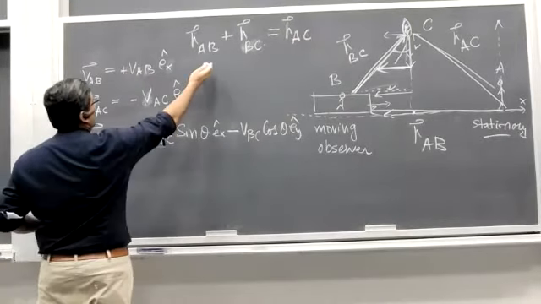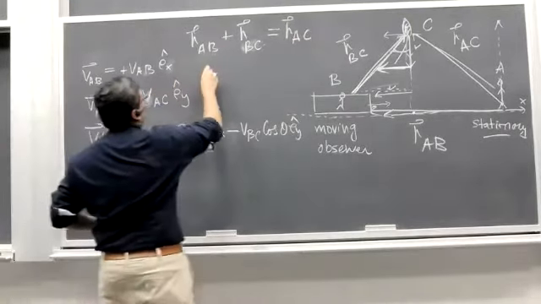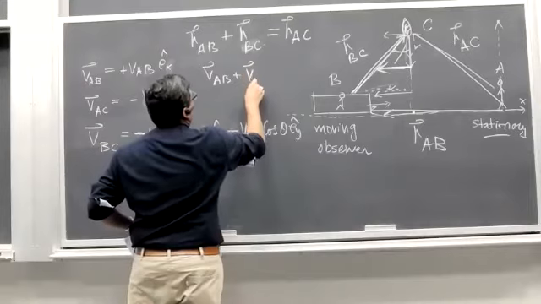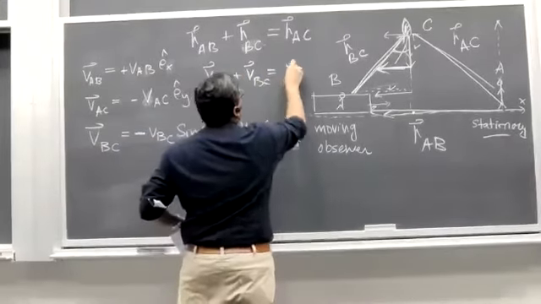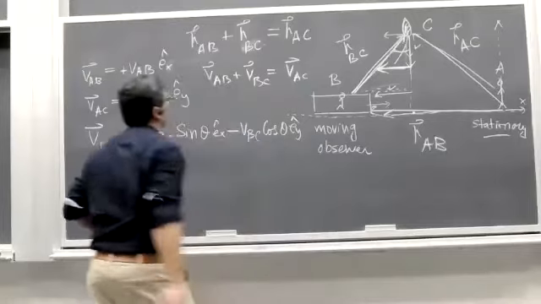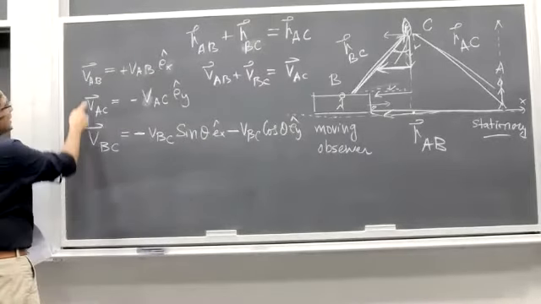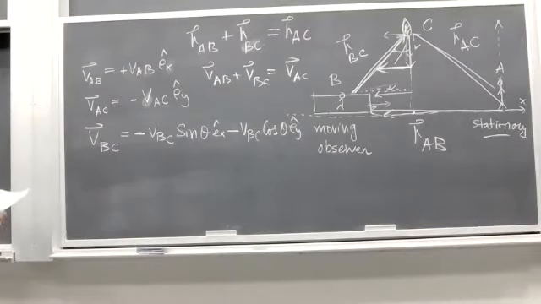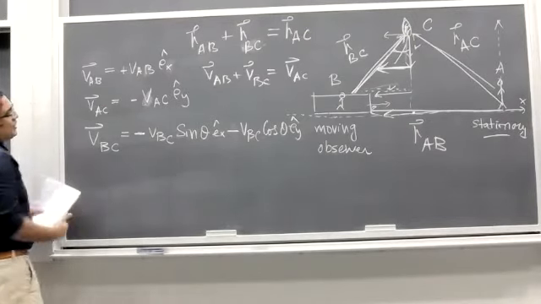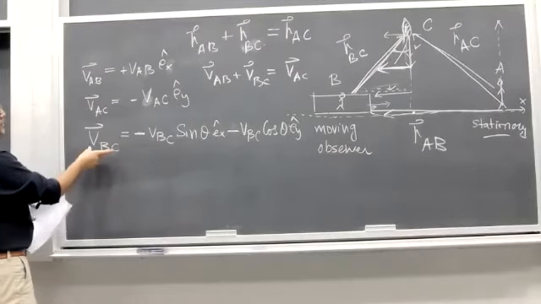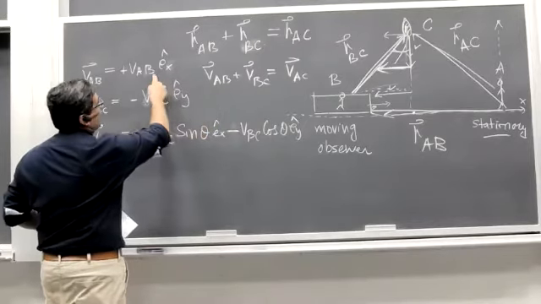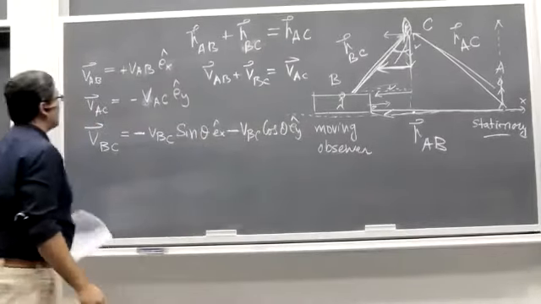So if you imagine that you are taking a derivative of this equation, you will get VAB plus VBC equals VAC, right? So now if you plug these values into this equation and compare the components, we first compare the X component. There's only the two X components. So VBC on this side and VAB on this side, and VAC, the X component is 0.